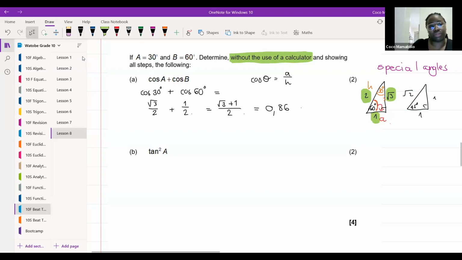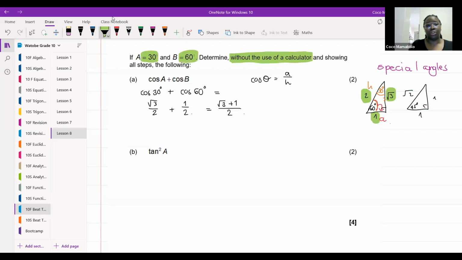Okay. Yes, Nkechi. Hi, ma'am. I wanted to ask, you see where the 60 and the 30 are, how would you know where to put which one? Because they've told us that A is 30 and B is 60.